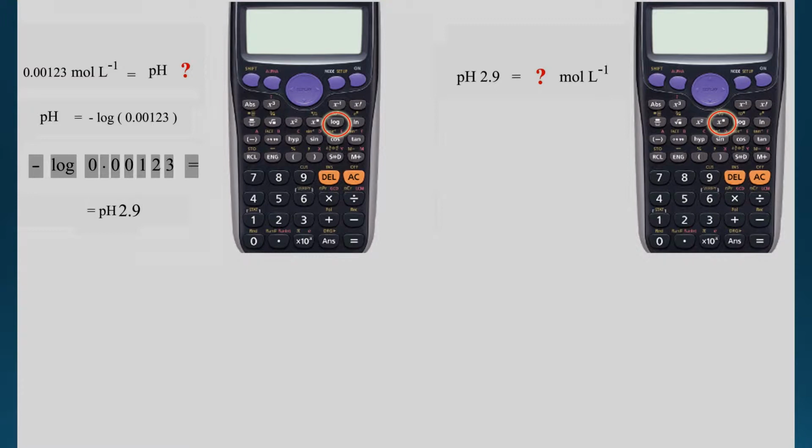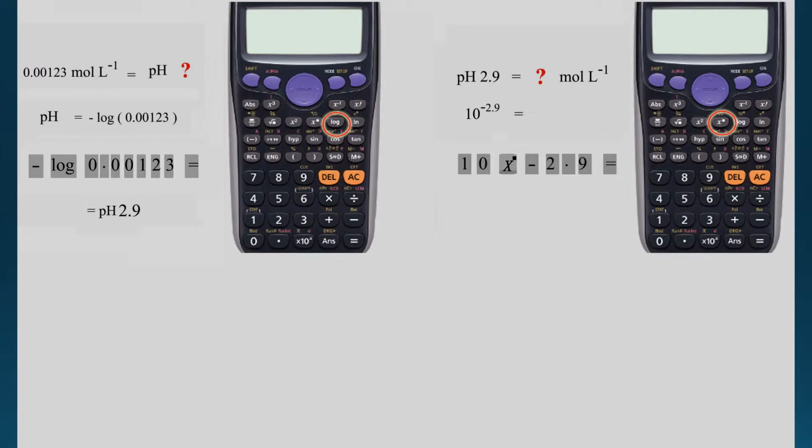The next question: can you convert the pH back into mole per liter form? Yes. Say pH 2.9 means 10 to the power of minus 2.9. Same thing.